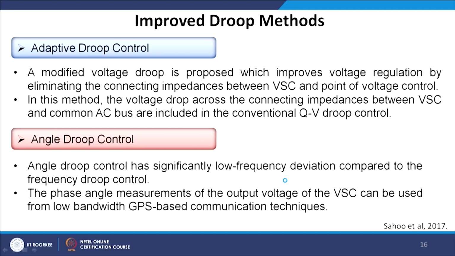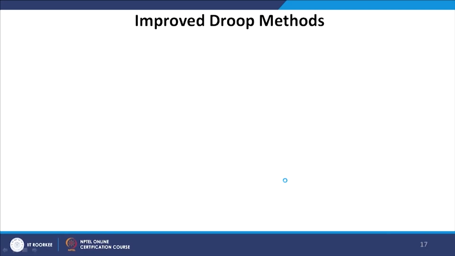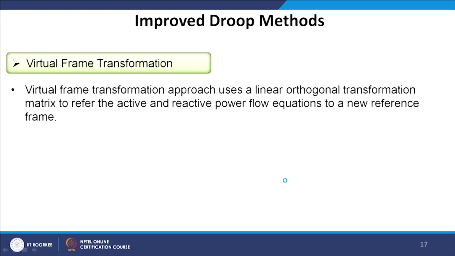Angle droop control has significantly low frequency deviation compared to the frequency droop control. The phase angle measurement of the output voltage of the VSC can be used from low bandwidth GPS based communication techniques.